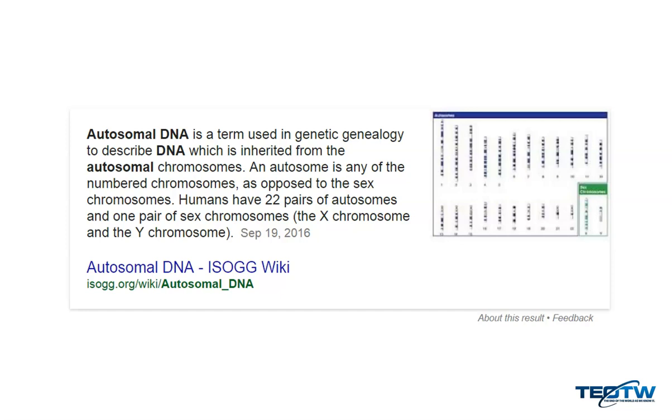Autosomal DNA. It'll make sense why, but autosomal DNA is a term used in genetic genealogy to describe DNA which is inherited from the autosomal chromosomes. An autosome is any of the chromosomes as opposed to the sex chromosomes. Humans have 22 pairs of autosomes and 1 pair of sex chromosomes, the X chromosome and the Y chromosome.